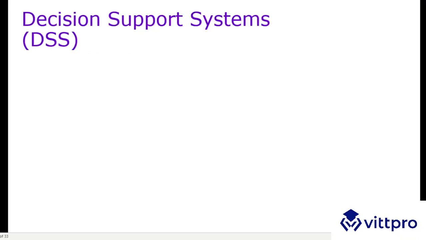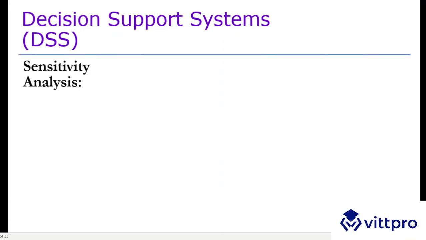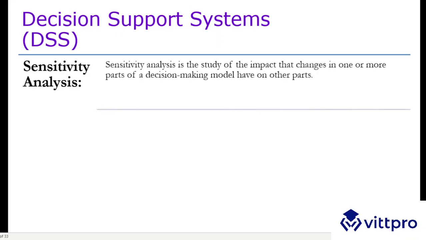Now, we will be discussing more about data mining in our coming session. This is just an overview. Now, the third system in business intelligence is called decision support systems. In decision support systems, they are usually expert systems. Their main task is to do sensitivity analysis.